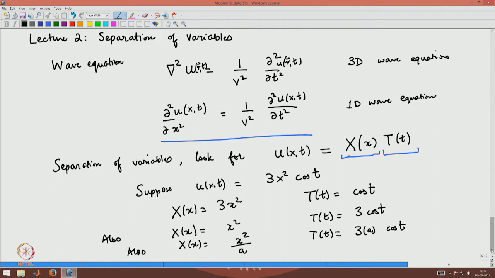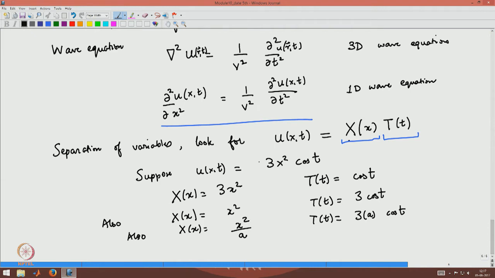So the message is that constant factors can always be absorbed into one of the terms. Constant factors can be manipulated, so you can put them wherever you want, and for the most part we will see that we do not really bother with the constants.